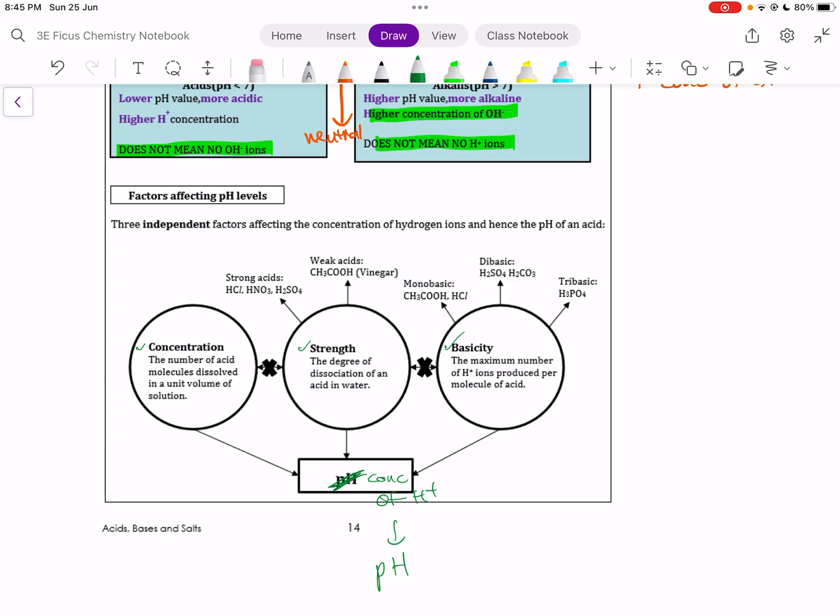Concentration of acid is basically the amount of acid that you dissolve in a given volume of water. So it could be 2 strong monobasic acids, HCl and HCl. One I put at 0.02 mole per dm cube, the other I put at 1 mole per dm cube.